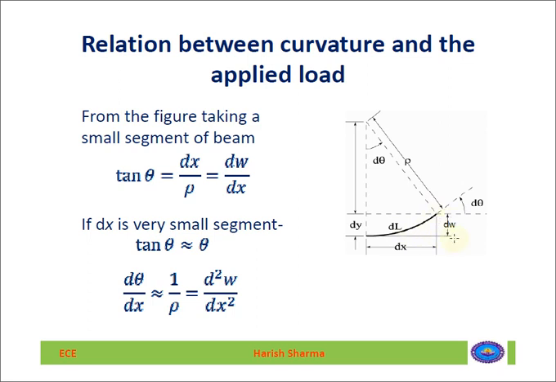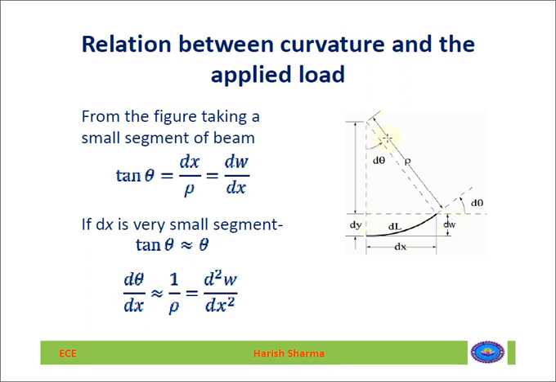By the geometry we can write tan theta equals dx upon rho, since this is also rho up to this point and from this point to this point. Also by the geometry, tan theta is equal to dw by dx. Why?